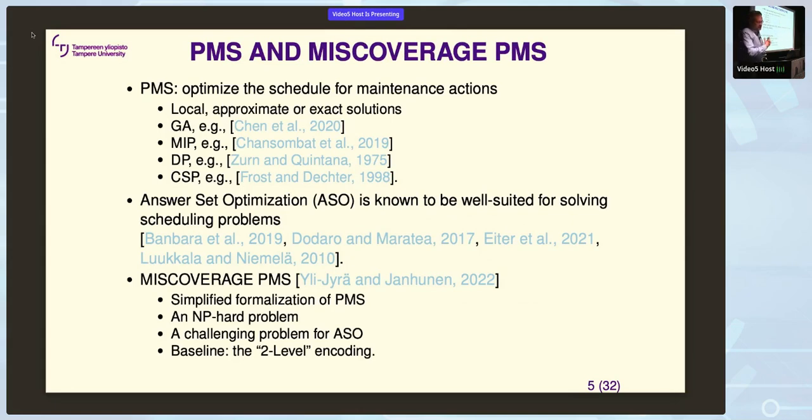Preventive maintenance scheduling has actually been studied quite a lot. Maybe the body of research is at least 1,000 articles, but there are three kinds of solutions. There are local solutions, which are more or less approximating, but then exact solutions or global solutions, which are much harder to obtain.